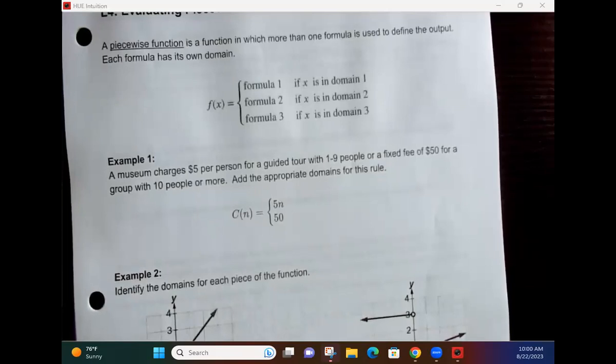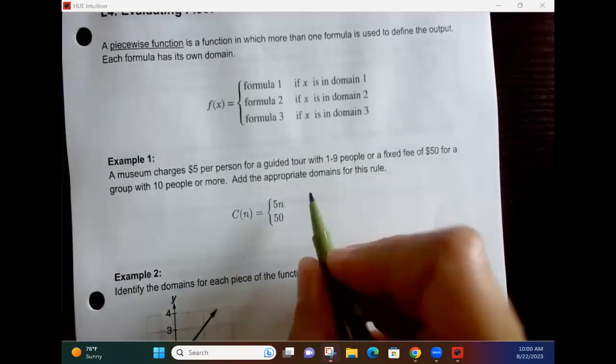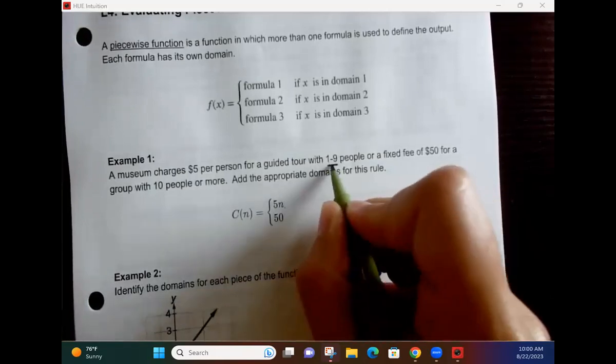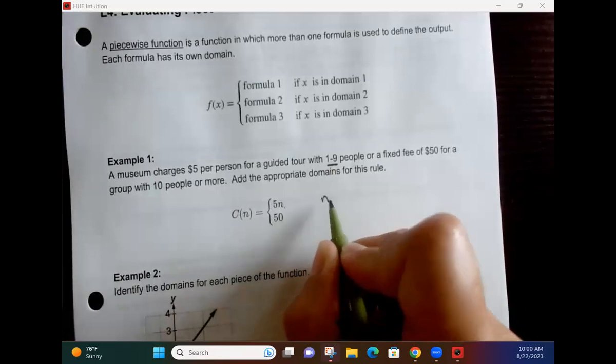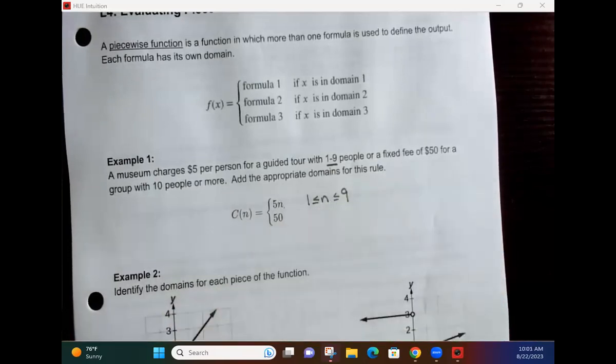So for this first example, a museum charges $5 per person for a guided tour, or a fixed fee of $50 if your group is 10 or more. So for my first option, it would be $5 per person if my domain is somewhere between 1 and 9. So if my number of people is between 1 and 9.